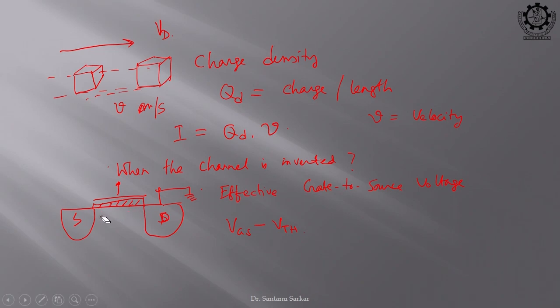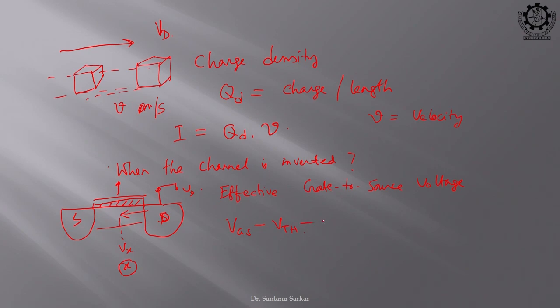Now, what we have done? We have provided another potential here, that is Vd. So, this Vd will be fighting with this field. Suppose at a distance x, due to this Vd, a voltage of Vx is appearing at this point.